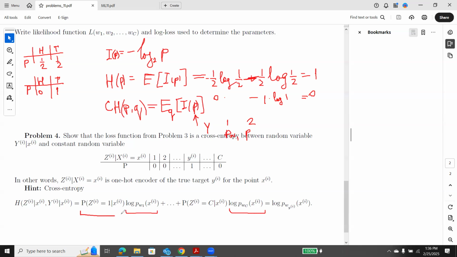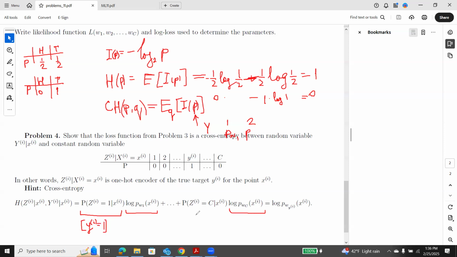That means the probability that our random variable, which I denoted by Z, one hot encoded, is 1 is the same as the Iverson bracket yi equals 1, and so on.